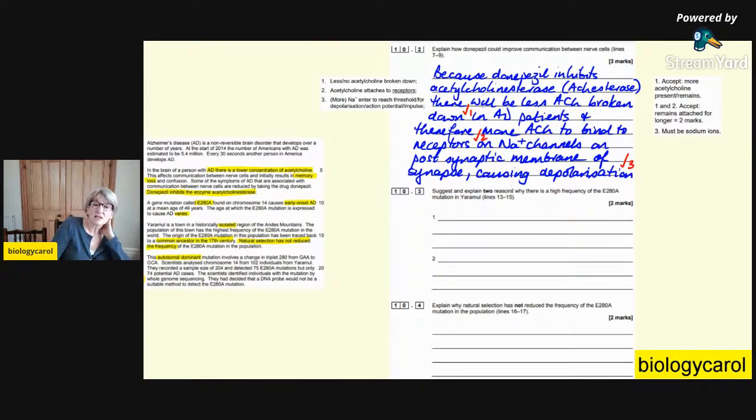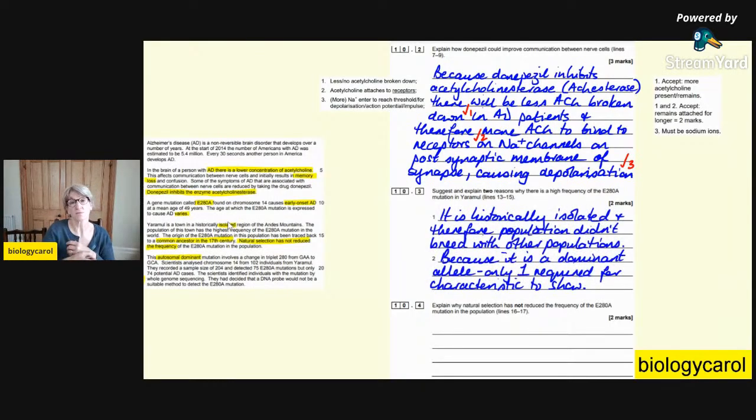Suggest and explain why 2 reasons why there's a high frequency of mutation in Yaramil. Well, it is isolated, and therefore this population, which has got this high percentage of this mutation, doesn't reproduce with other populations, which is what, oh, no, I didn't put that. Yes, okay, so that's what I put for the first one, historically isolated, and therefore population doesn't breed with other populations. And 2, I put because it's a dominant allele, only one required for the characteristic to show.